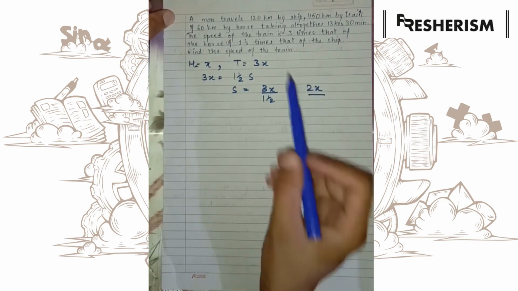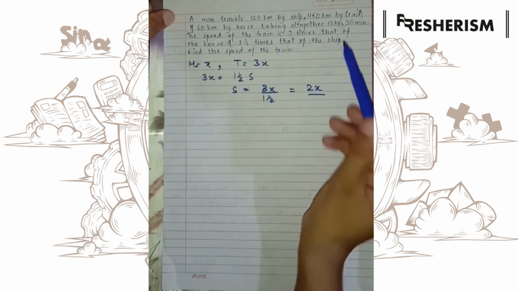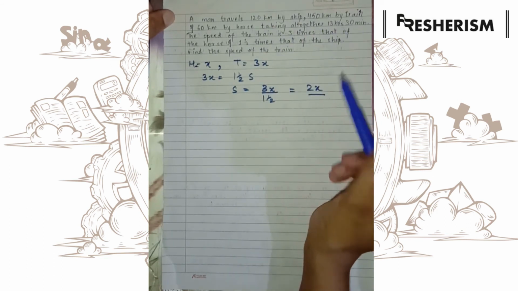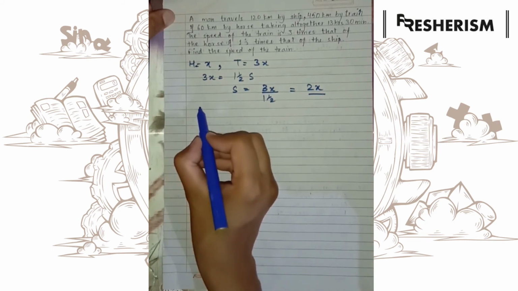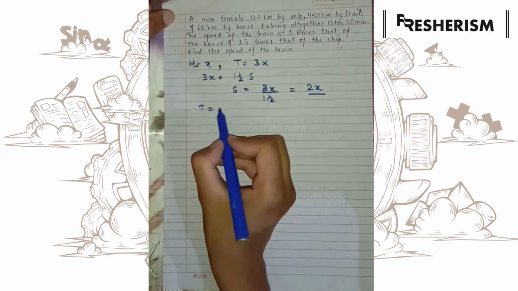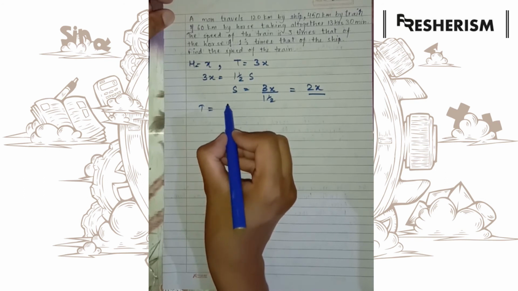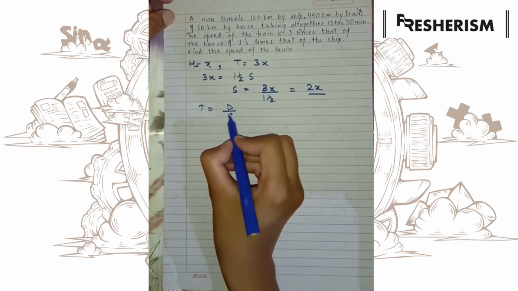Now we are given the distances traveled by them and the time taken. So we are going to use the formula, time is equal to distance divided by speed.